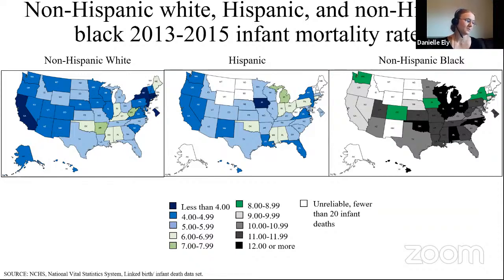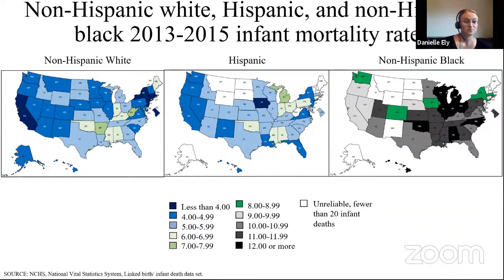So in the first map, you can see that the infant mortality rates for infants of non-Hispanic white women range from 2.52 in Washington, D.C., all the way to 7.04 infant deaths per 1,000 live births in Arkansas.